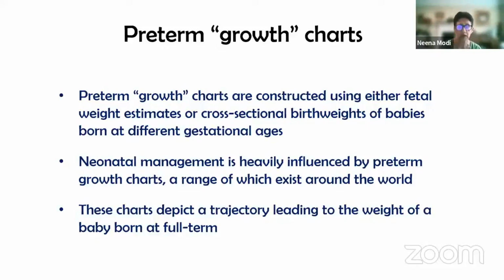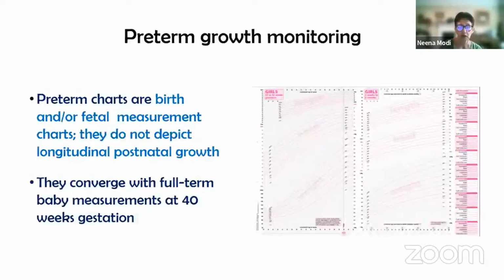I'm only going to talk about weight. So preterm charts are birth or fetal measurement charts. They don't depict longitudinal postnatal growth, and they converge, as you can see in this UK WHO preterm chart, with full-term baby measurements at 40 weeks post-menstrual age. Okay, very important points, these.